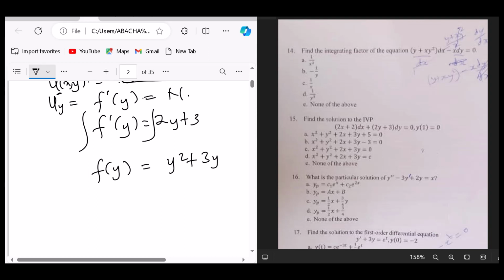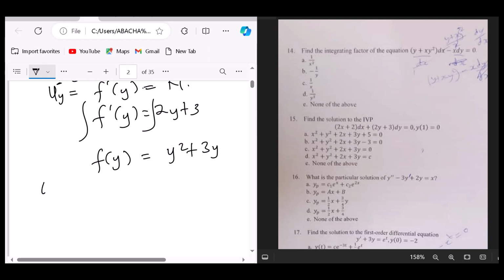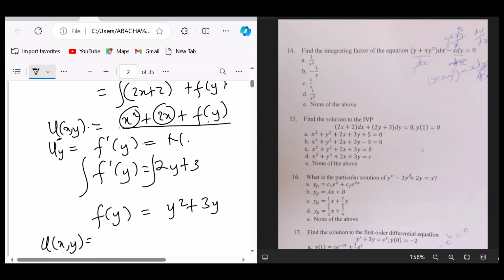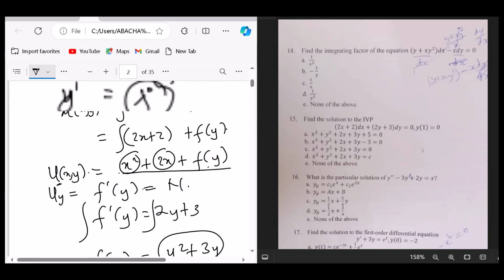Our u(x,y) is x squared plus 2x plus f(y), which is now x squared plus 2x plus y squared plus 3y plus c equals 0. This is our solution, but it is an IVP.